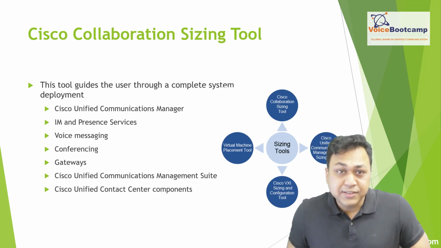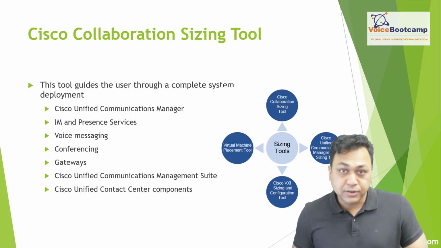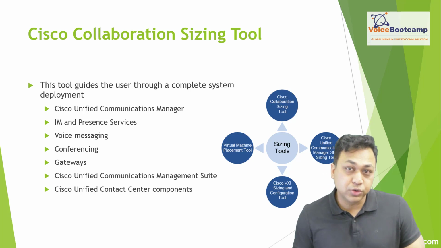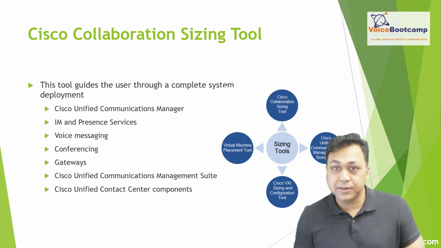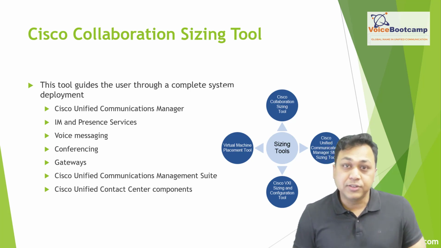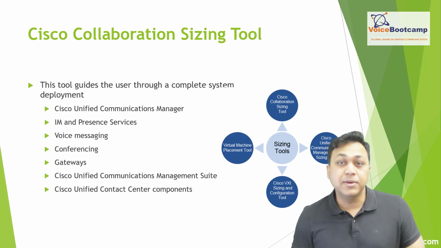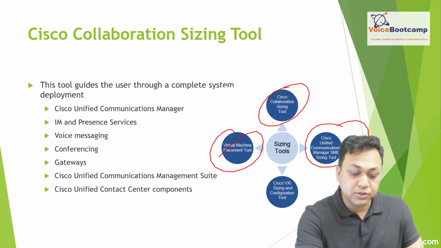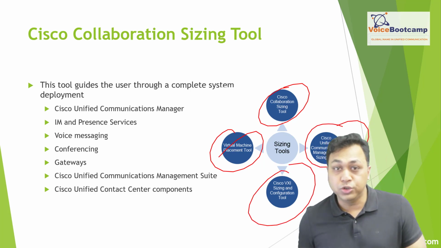Now, collaboration sizing tools play a vital role in capacity planning, because of all these factors we talked about and the possible variations that can come across. Accurately sizing a large system deployment is a complex undertaking. For that reason, we strongly recommend that you use system sizing tools, and there are various system sizing tools available for you to use.